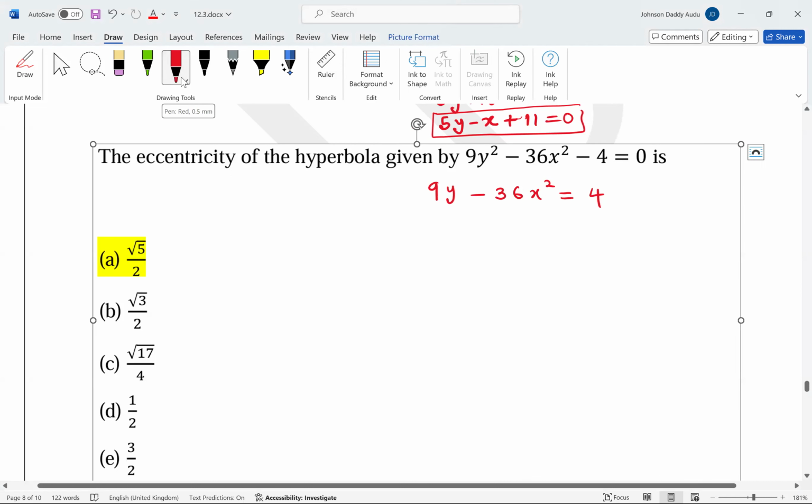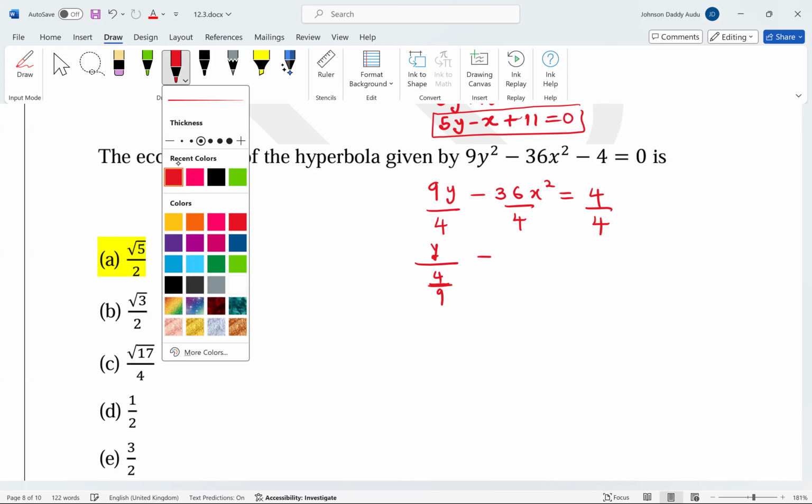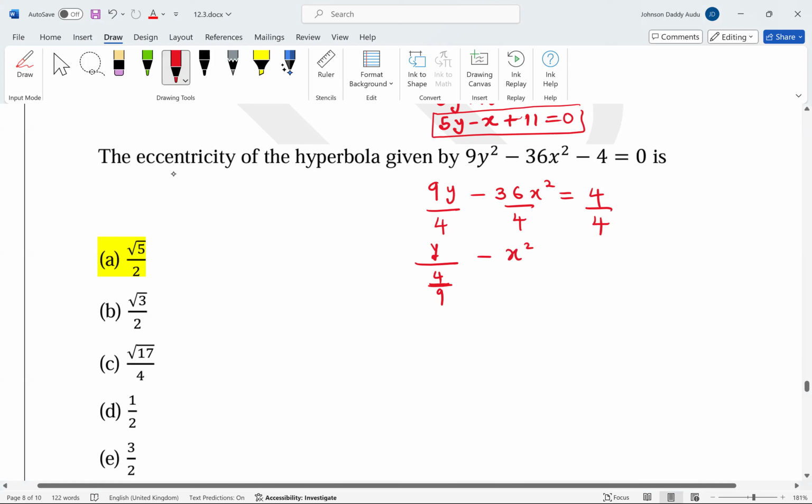And that will give us y squared over 4 over 9, minus x squared over 4 over 36, and this is equal to 1.